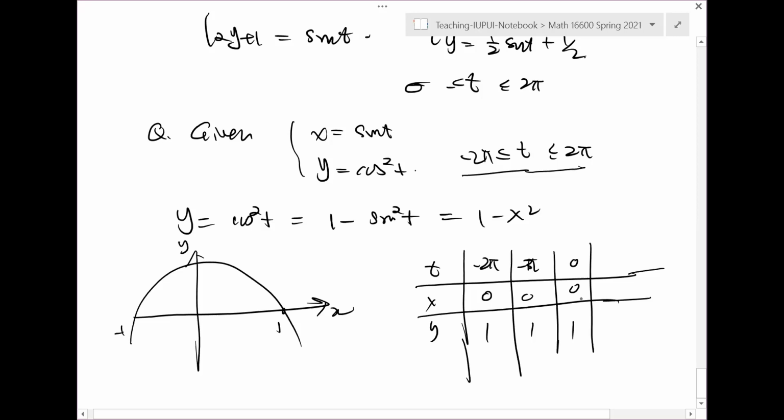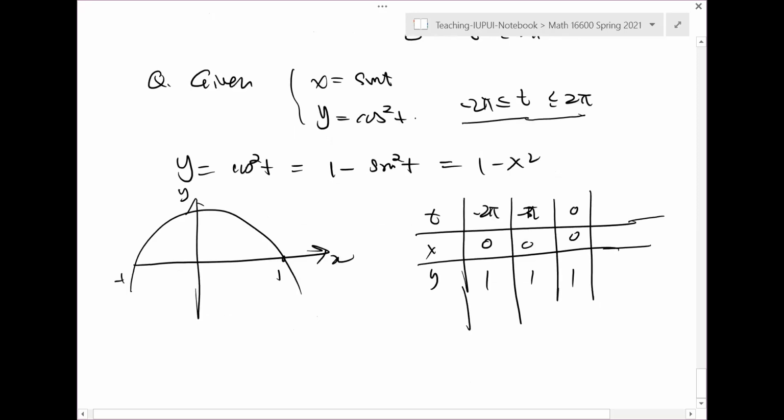Okay. So you get all the points at the same point. Right? So clearly, you just need to draw the graph for t between negative 2 pi and 0, and the next step, between 0 and 2 pi, just repeats it. And maybe going around, right?